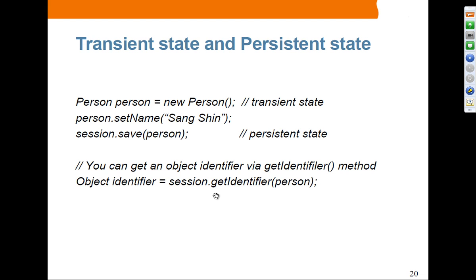You can call session.contains with person, and if it returns true, that means the Person object is in persistent state. If you call session.contains before saving, it should return false. But once you save, and then call session.contains with person, it should return true. So that is a very distinct state that represents the state of the object.